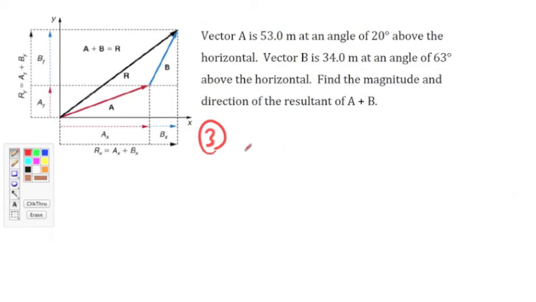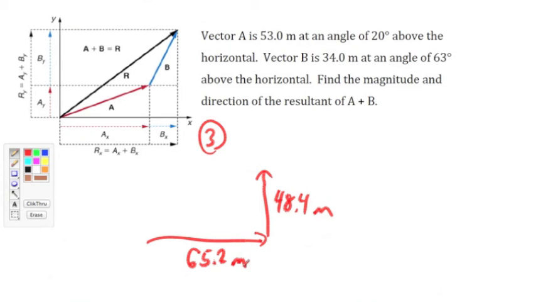So, okay, if we've figured this out, all we have to do now is take our 65.2 and our 48.4, and one of the lovely things about this is I don't have to worry about drawing it to scale anymore. As long as I know my directions, 65.2 to the right, 48.4 up, I know that these are perpendicular to each other. The resulting vector of these will be the Pythagorean hypotenuse.